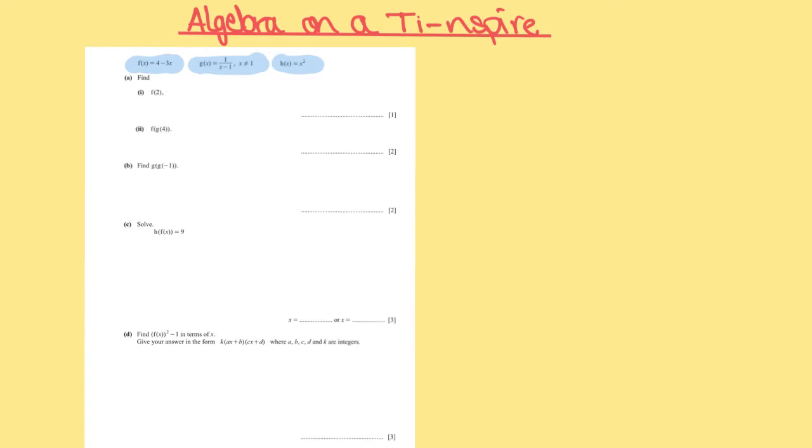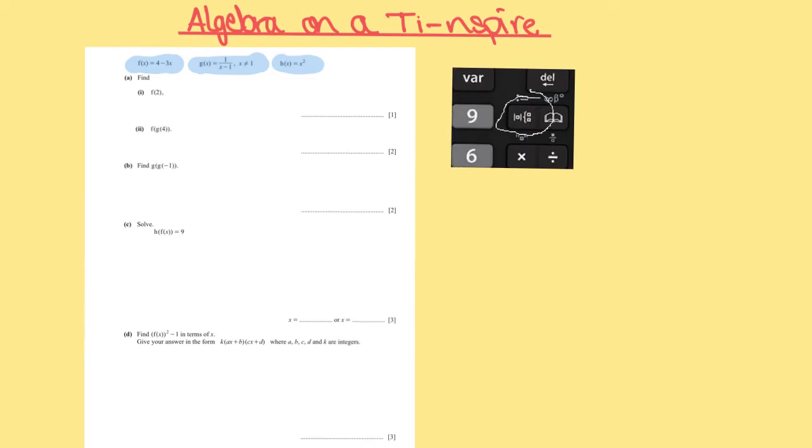The first thing you need to do is define your equations. It is very easy to define an equation on a TI-Nspire using the following button. We use a special symbol, which is a colon followed by an equal sign, which can be found above this symbol next to the number 9.